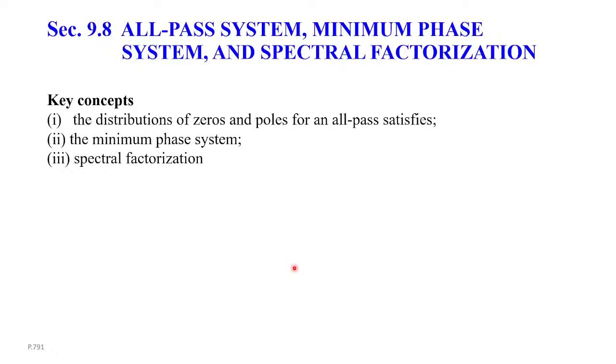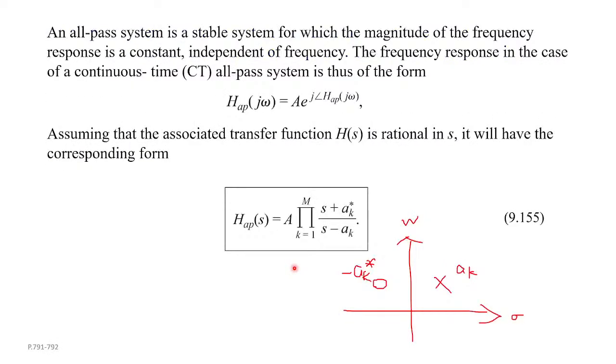The first thing we want to talk about is the allpass system. We introduced the allpass system a little before, but let's do a review. I think I made a little mistake before. An allpass system is a stable system, and the important thing here is that the magnitude is constant.